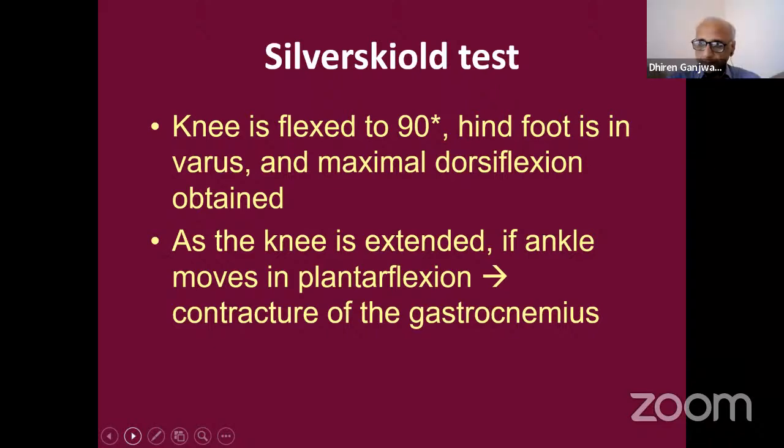Benjamin. I tend to hold the foot in inversion simply because the tendency when you've got a contracted gastrosoleus is that the hindfoot tends to go into valgus. That's the normal compensatory mechanism.